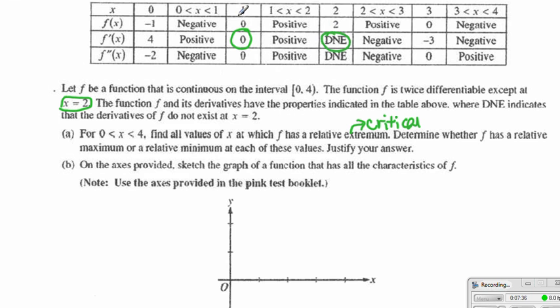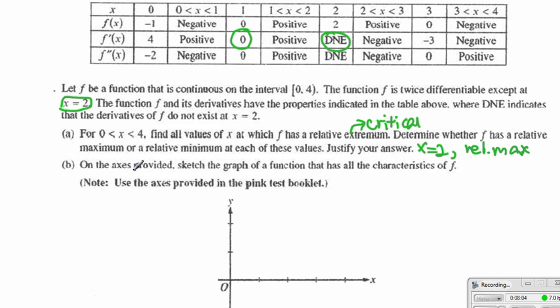Now, when x equals 1, about that value we have positive to positive. So therefore, there is no relative minimum or maximum. It has to change its sign, such as here. So when x equals 2, we get to realize the derivative goes from positive to negative. So we get to see a relative maximum. That's what we get to see.